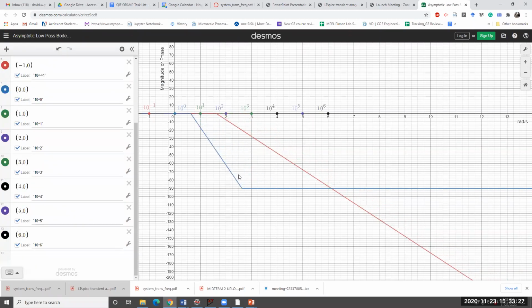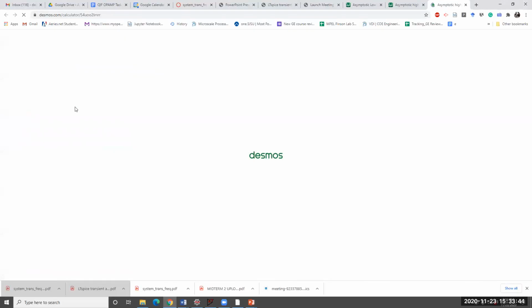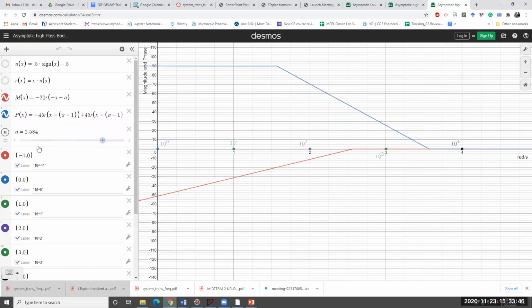Here's the magnitude and phase of a low pass filter, and you can see everything going back and forth, kind of slowly putting you to sleep. There's the high pass.